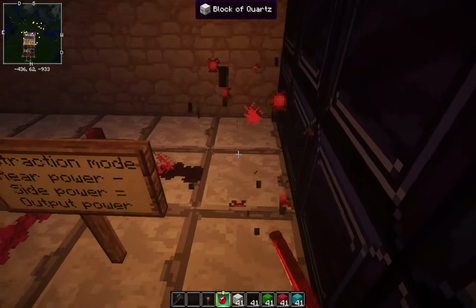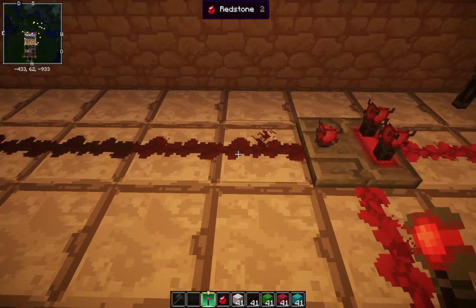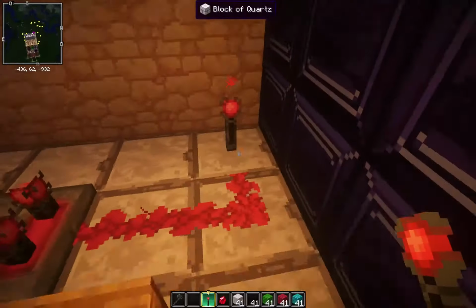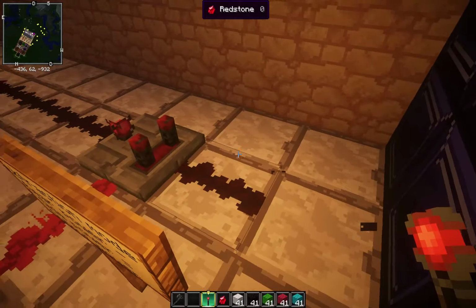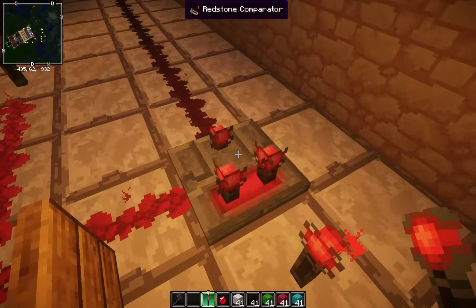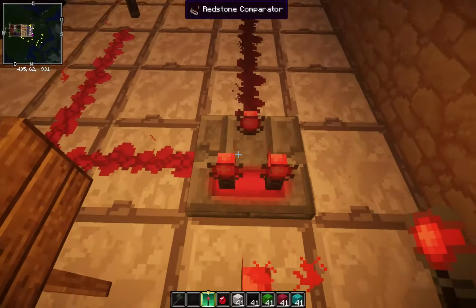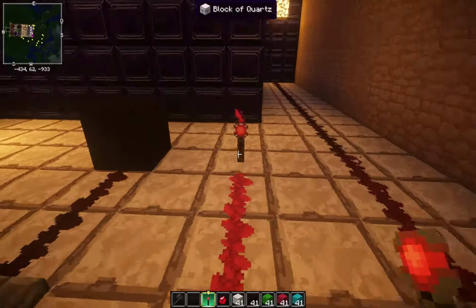But if you move it 1 more over, you'll see you go down 1. So it always is using up 1 square of power to get inside this for that comparator.